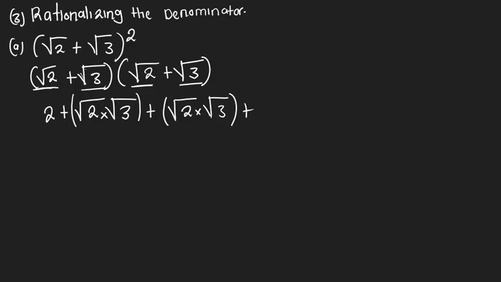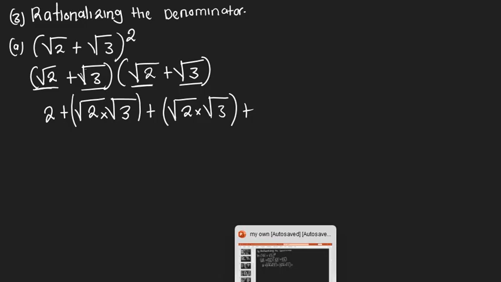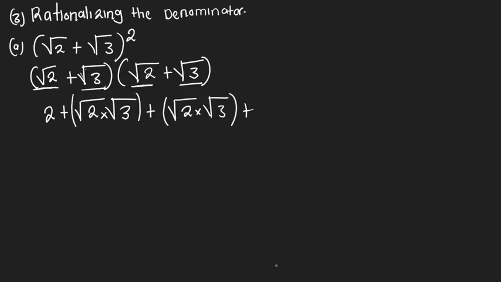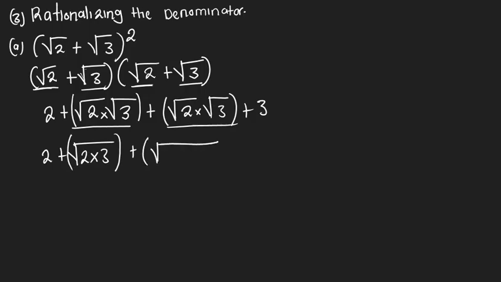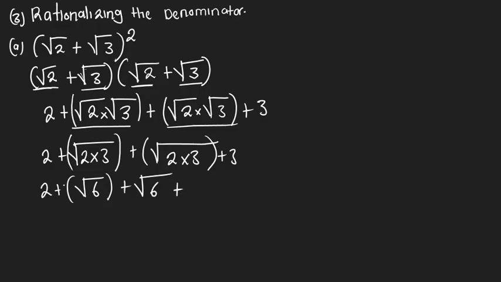Plus, what is root 3 multiplied by root 3? Quickly. 3. This part, you're using the product rule. So they can also be written as 2 plus root of 6 plus root of 6 plus 3.